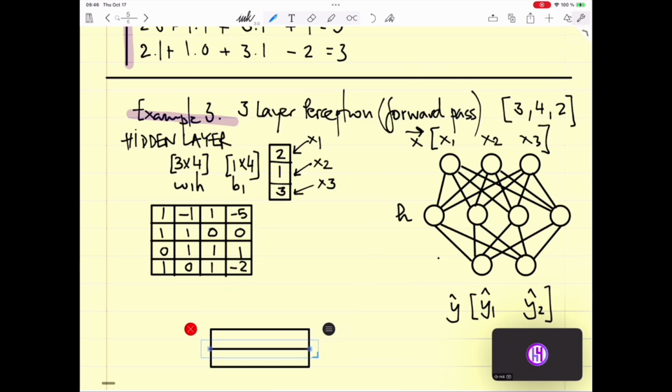Again, a little weight matrix. Can somebody tell me the dimensions of the weight matrix here? Hello? Before I paint it.